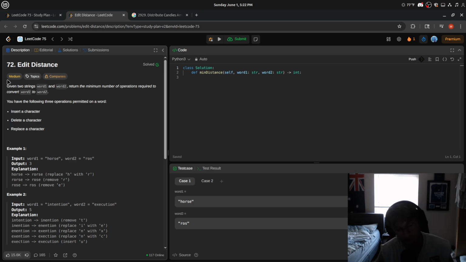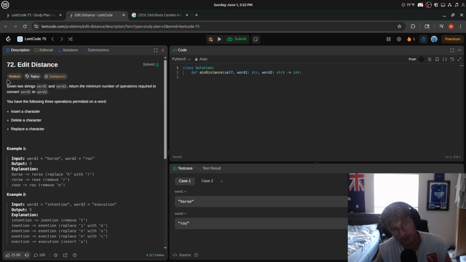So, looking at this problem, I instantly think about states here. So, we have an insert state, a delete state, and a replace state.